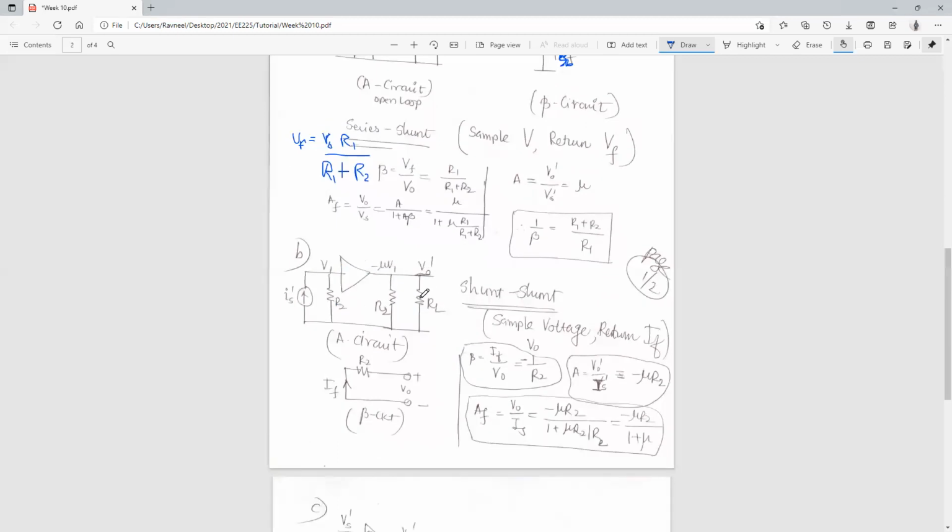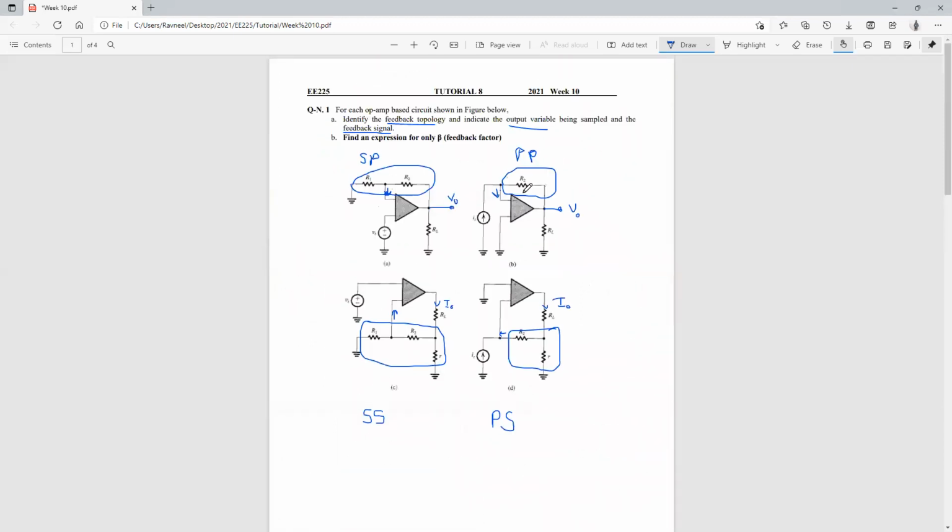Now looking at your output resistance. This op-amp has an input and output, so we look at the output side. At the output side, any circuit that connects to your input, we break it at the feedback point. In this particular point, this is again the R2 that is connecting the V out to the V in.